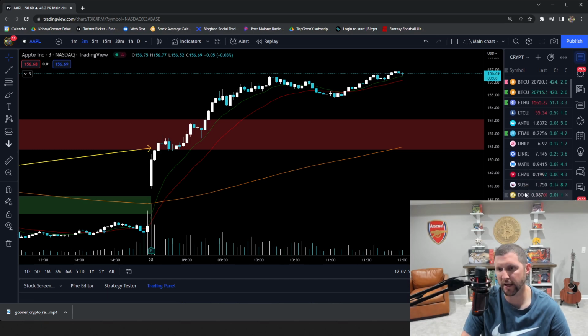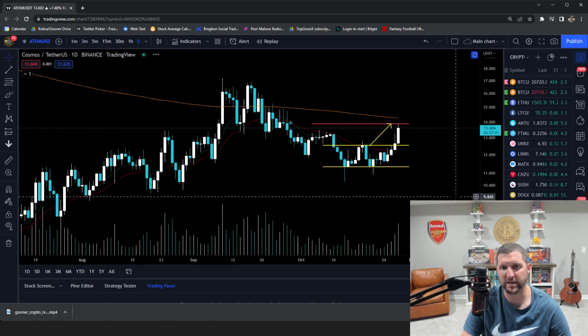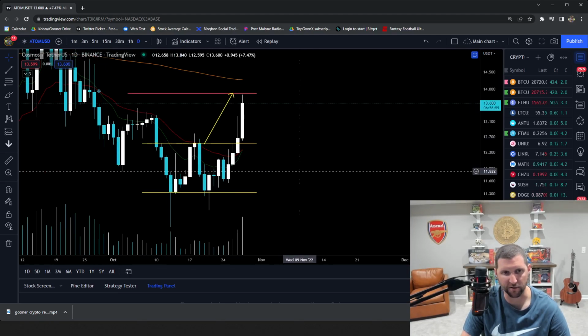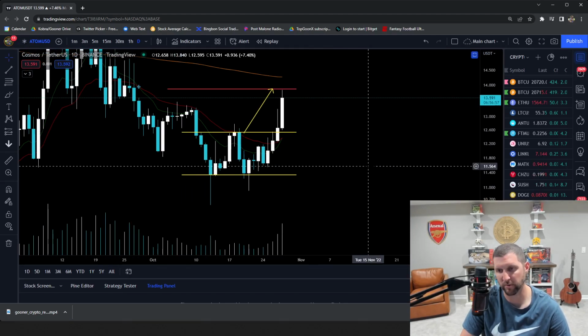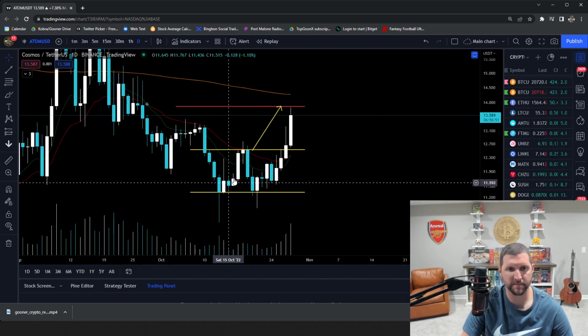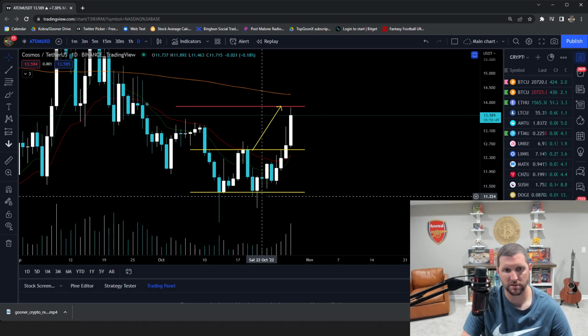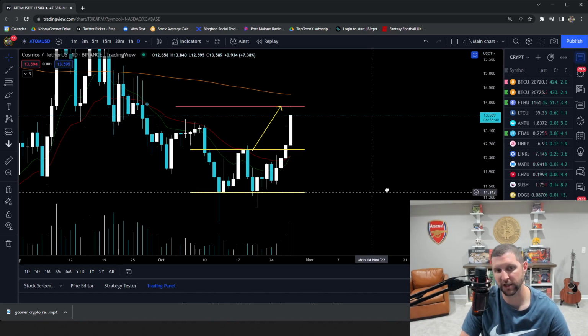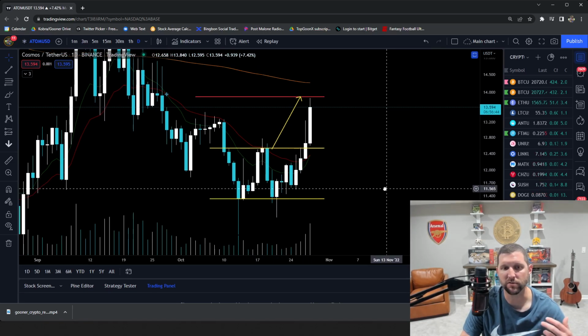Oh, actually, let's look at Atom, because there is one more reversal pattern I didn't talk about, and that would be a double bottom. And I actually have it mapped out here already. So a double top or a double bottom, which I also have videos on how to trade those, okay? But basically, double bottom, you got your two bottoms that are equal, and technically, you could wait for a breakout to catch the trend reversal.